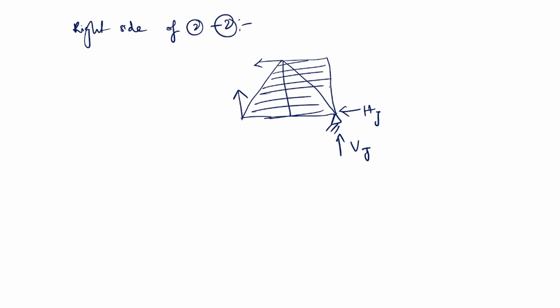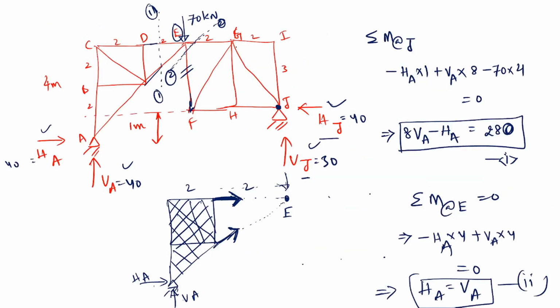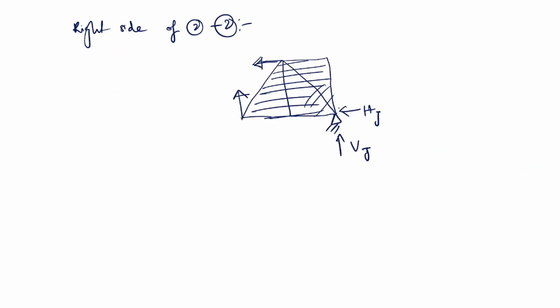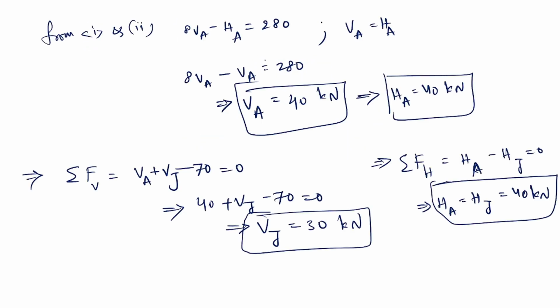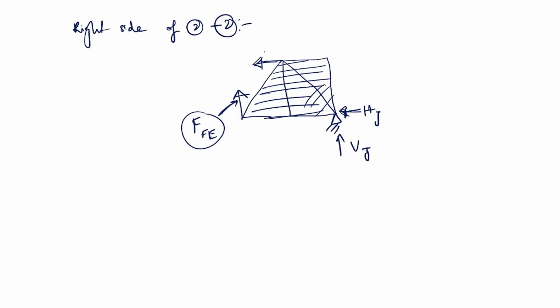The members which are cut are not rigid bodies, so these have some internal forces. The remaining is the rigid body, and outside forces will be there, the reactions. This is nothing but the force in the FE member, which is vertical. This is the force in the EG member.